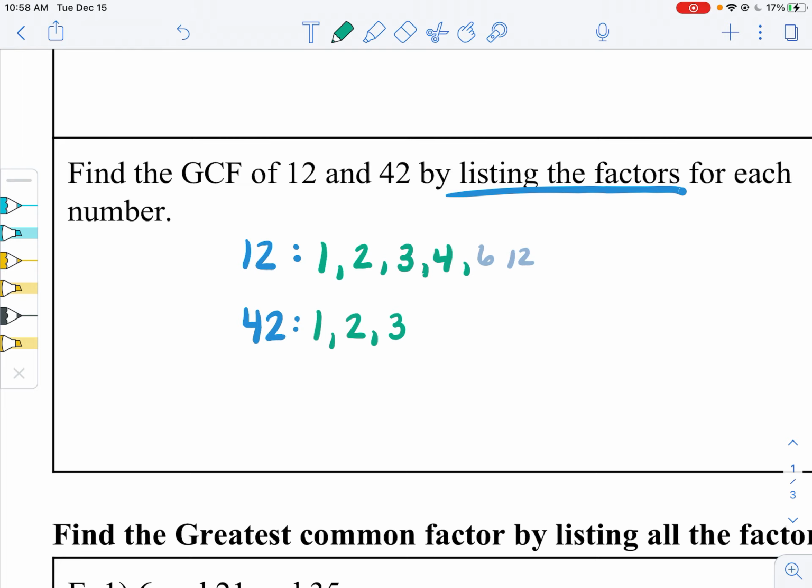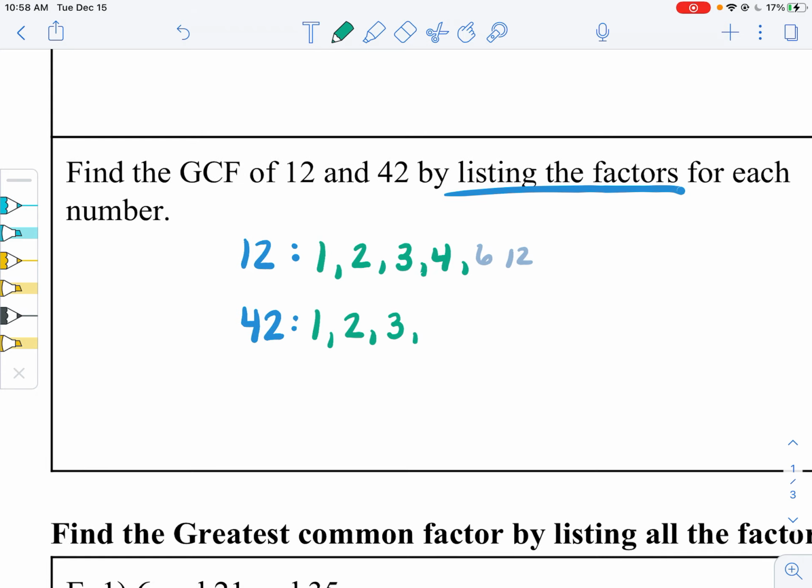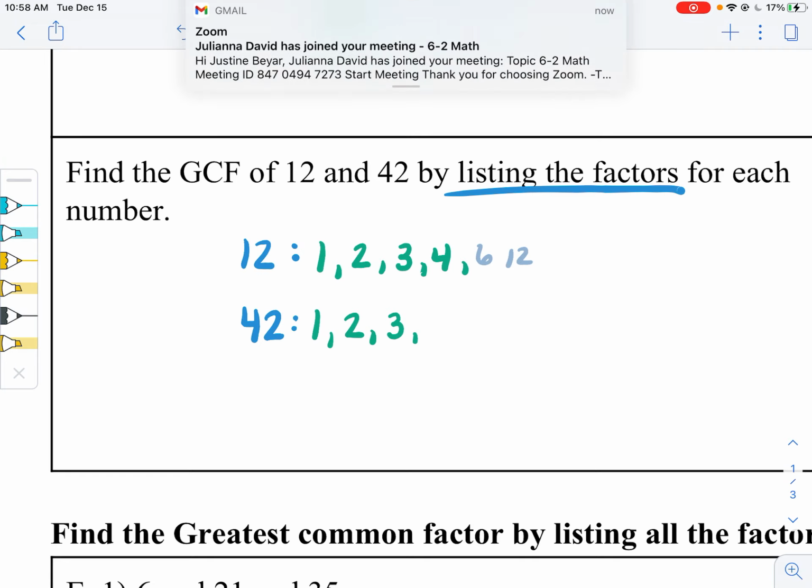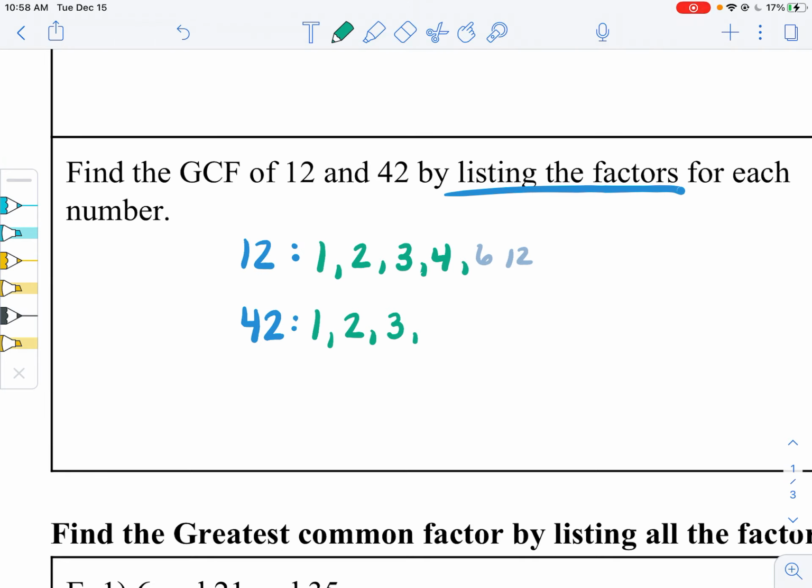I know not 4 because 40 is divisible by 4, and 42 wouldn't because it's only 2 more. So not 4, not 5, 6. Well, my rule is if it's divisible by 2 and 3, then it's divisible by 6. So 6 is. And 6 times what gives me 42? Well, 6 times 7, so 7 has to be a factor.